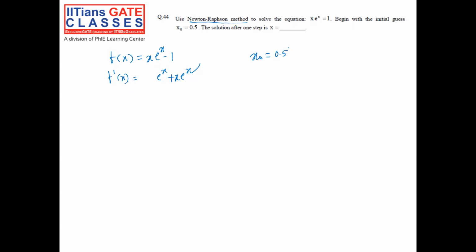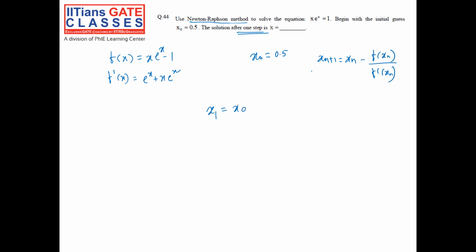The Newton-Raphson iteration formula is given by xn plus 1 is equal to xn minus f of xn divided by f dash of xn. And they're asking us after one step, means x1 they are asking.